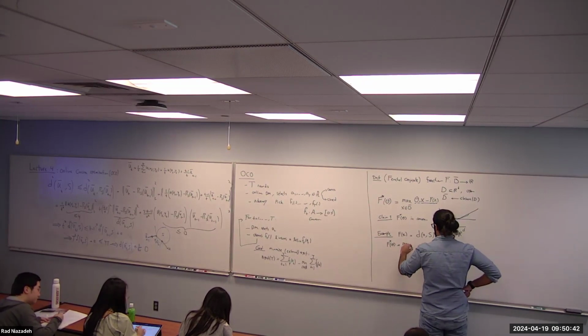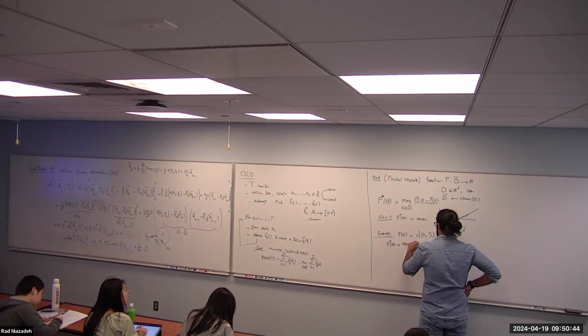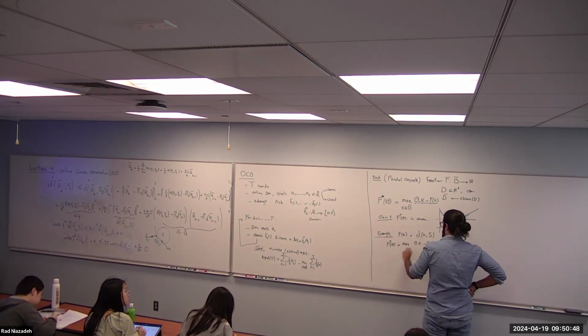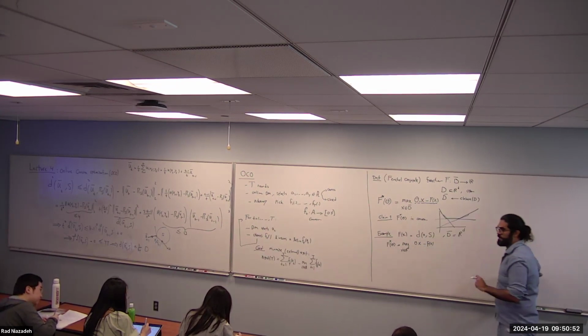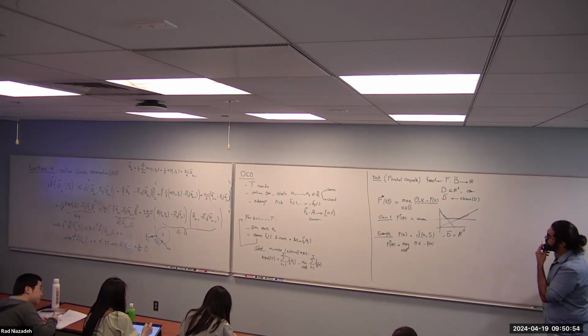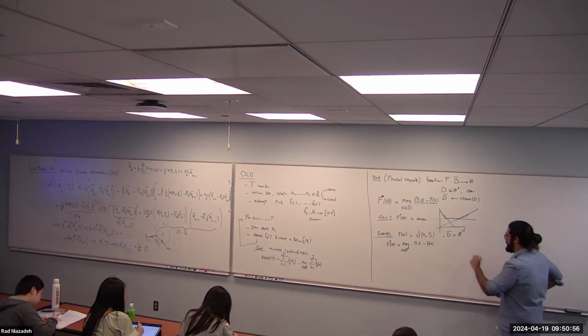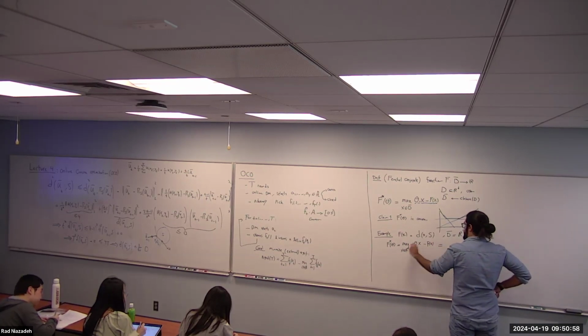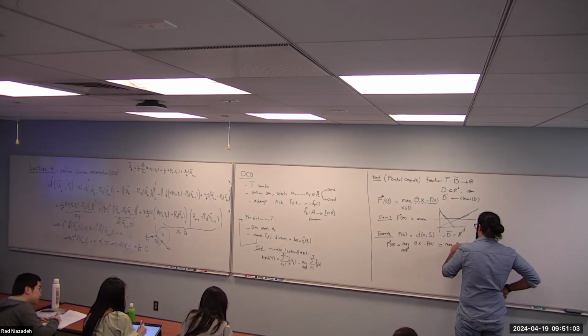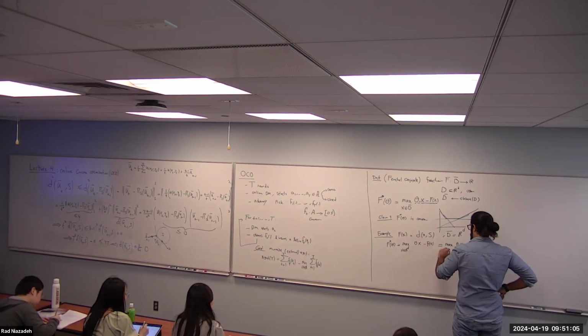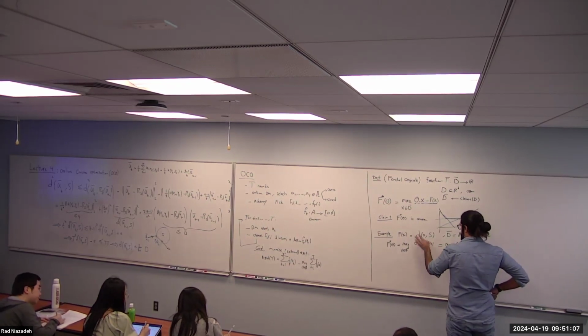So f star of theta would be the max of theta dot x minus f of x for any vector in d-dimensional space. And I think that this quantity is equal to the max of theta dot x when you just restrict yourself to the set S, and this term essentially vanishes.